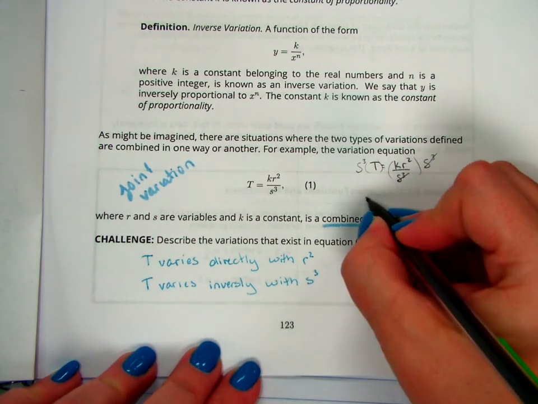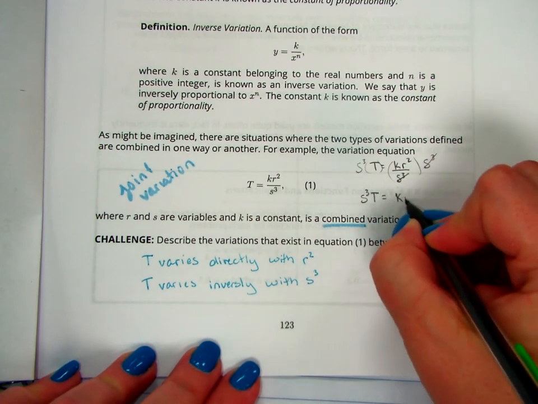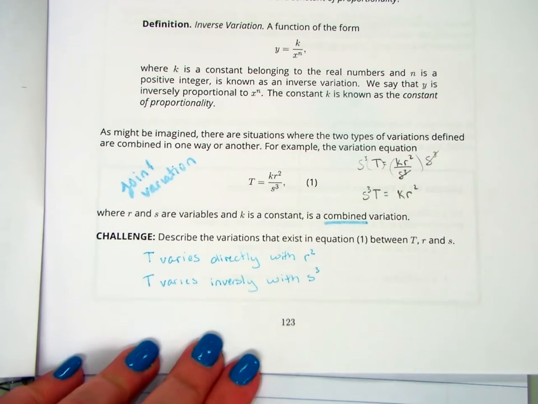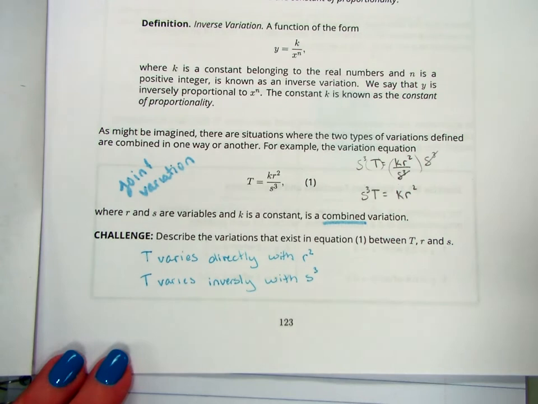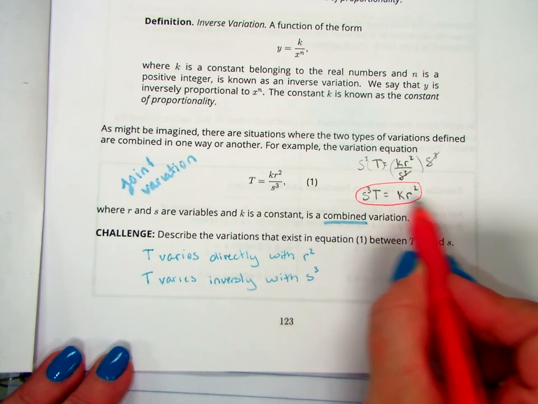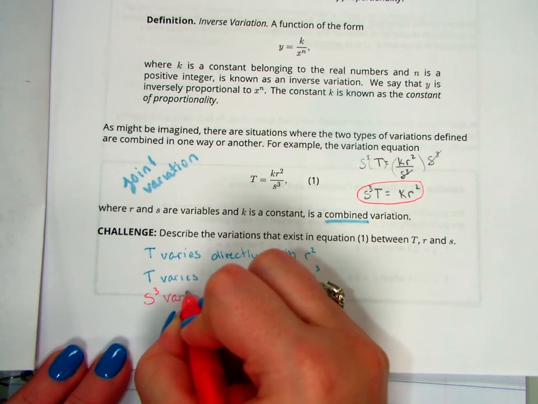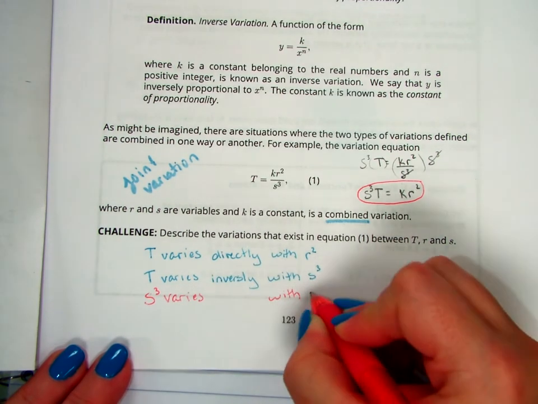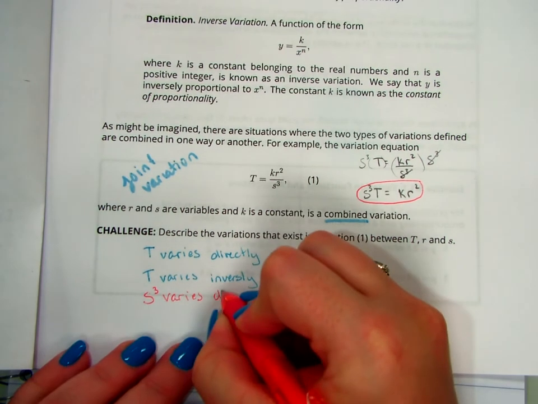So it would cancel out on the right-hand side, and I'd have s cubed times t equals k r squared. Now, if I look at this equation and I want to compare s cubed to r squared, I could say s cubed varies with r squared. How does it vary? Look at r's relationship with k. Directly. It's multiplied to k.